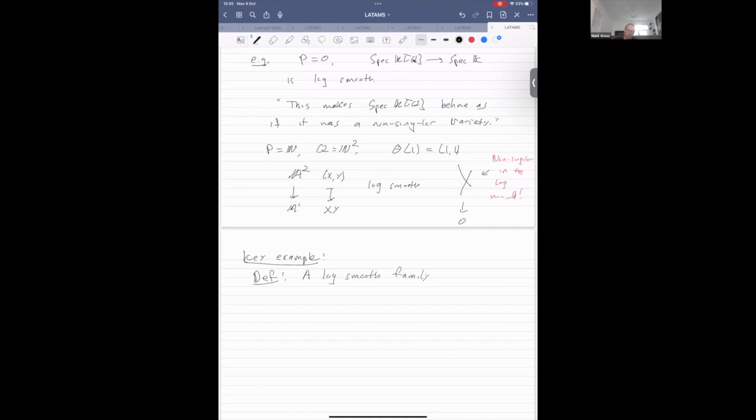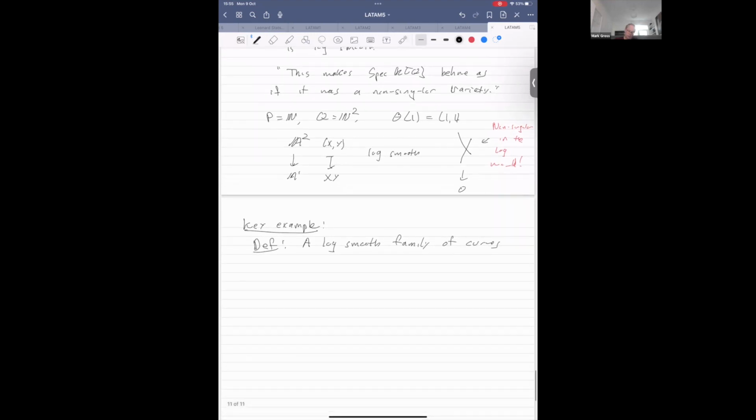A log morphism pi from C to W of FS log schemes such that, sorry, let me remove the word flat here. I have to be a little bit careful.